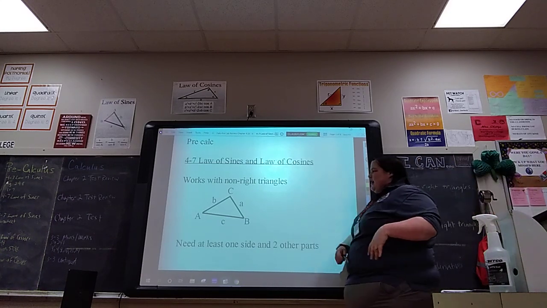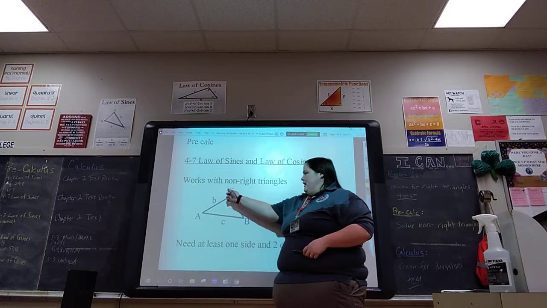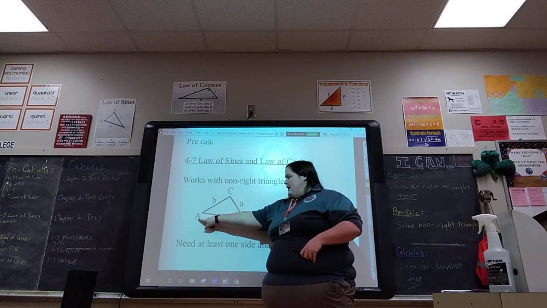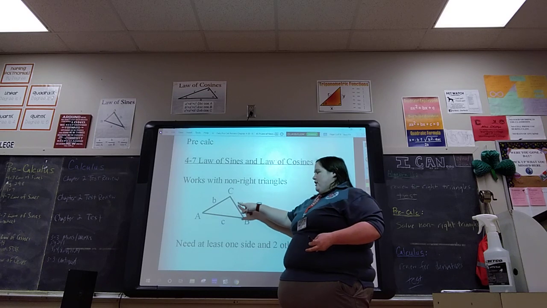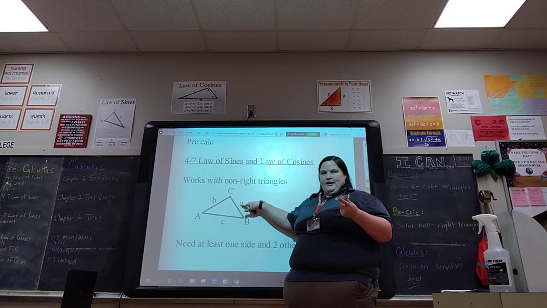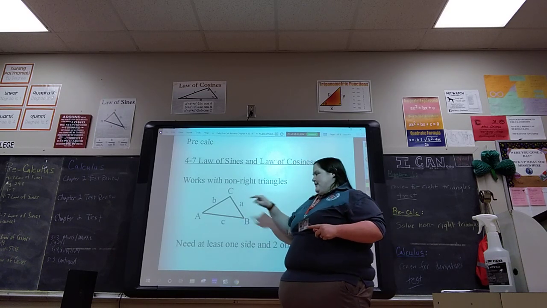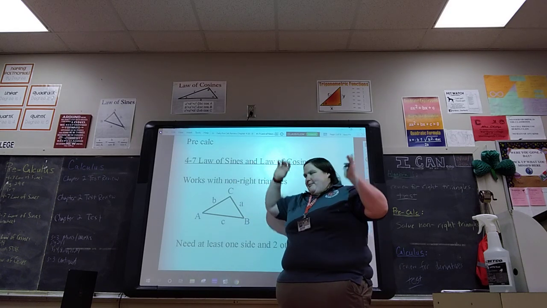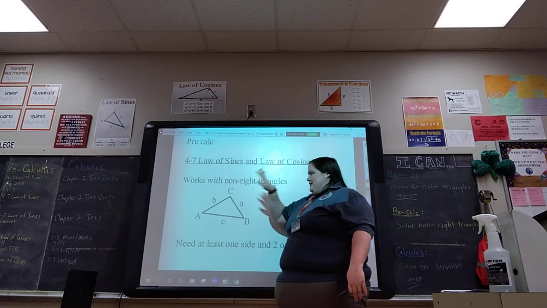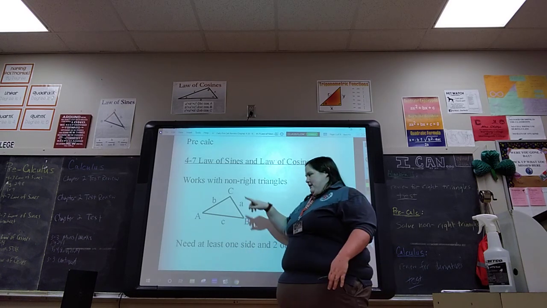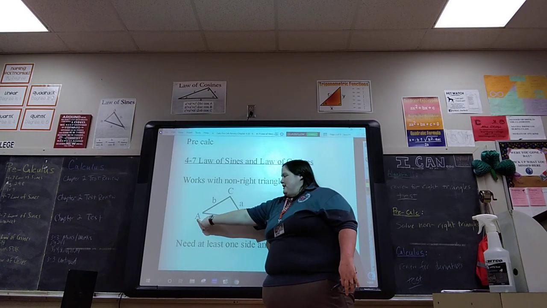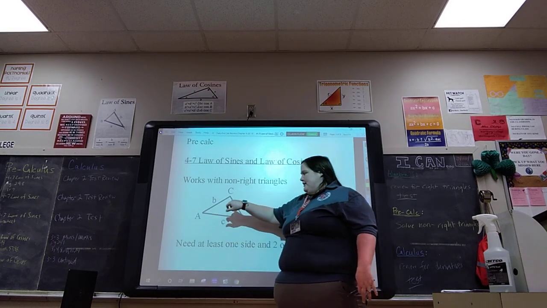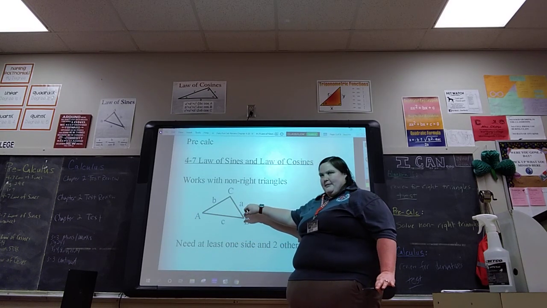The way this works, we typically use the capital letter and lowercase letter system, where the capital letter is the angle, and the side across from that is the lowercase of that letter. So we always work with that system. Now that's not always A, B, and C. That's how our formulas are always set up, but it doesn't have to be A, B, and C. But again, the capital letter signifies the angle, the lowercase letter the side, and the lowercase letters are always across from it.